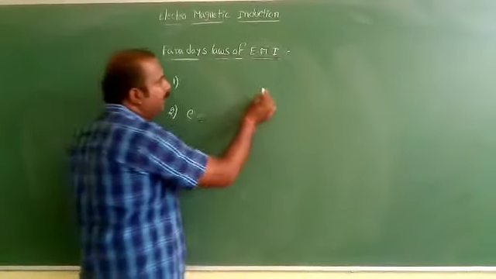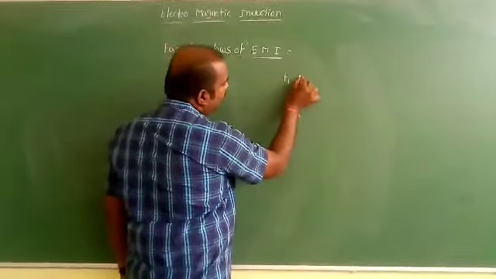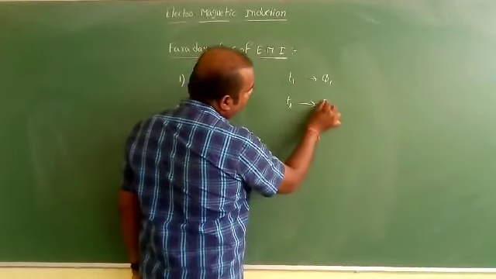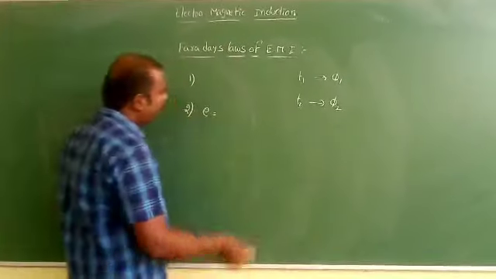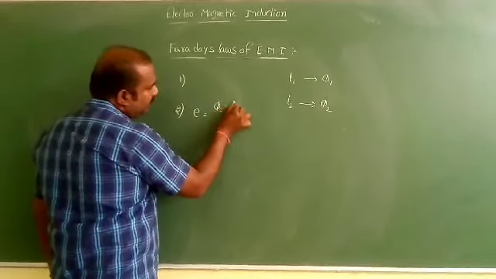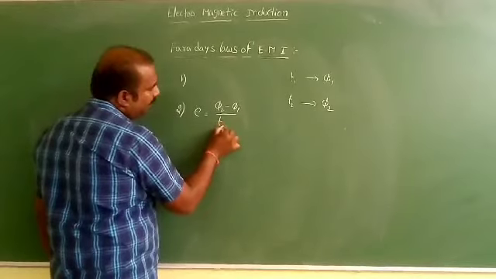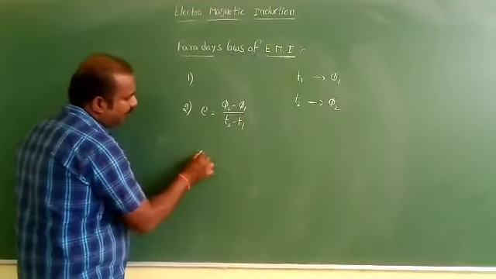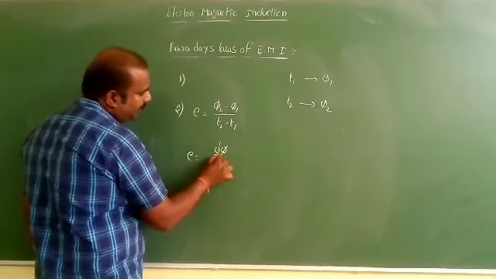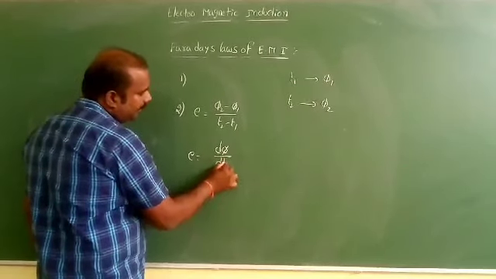Suppose I am taking at time t1 the flux is phi1, at time t2 the flux is phi2, and finally we can get (phi2 minus phi1) by (t2 minus t1). Or E is equal to change in flux, I can take it as phi, time I can take as t.